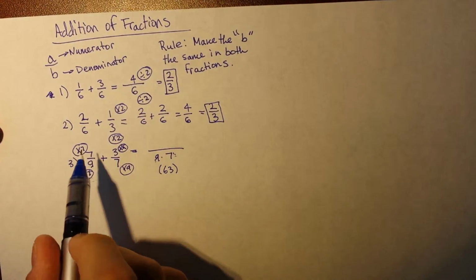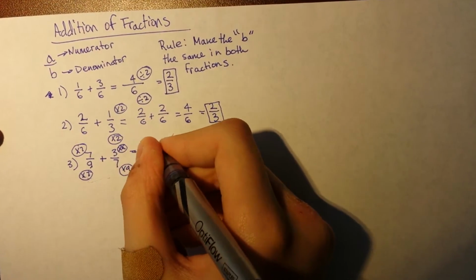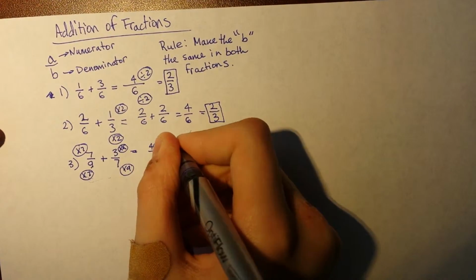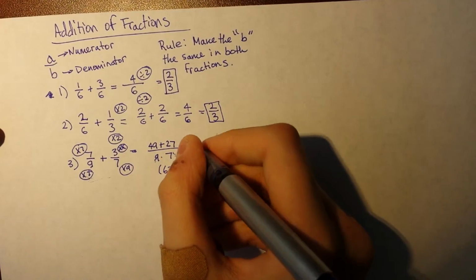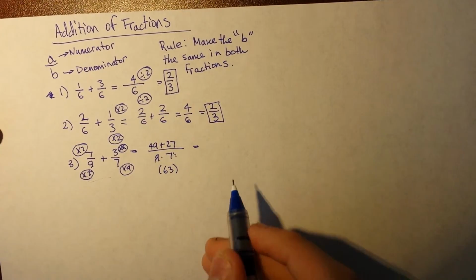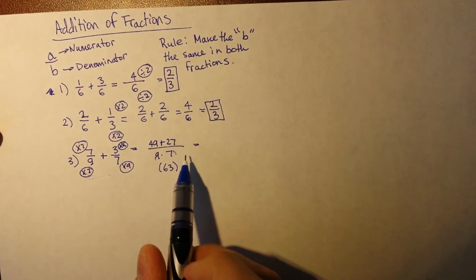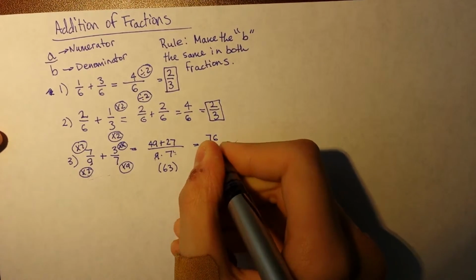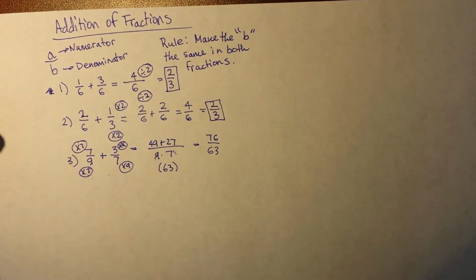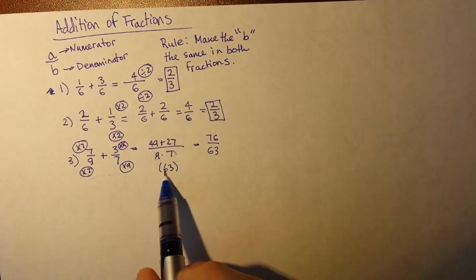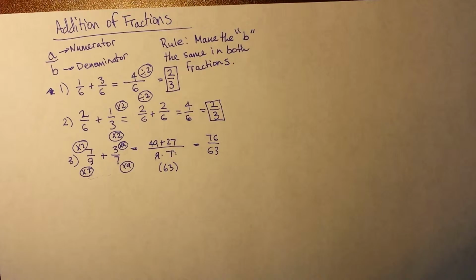So we get 7 times 7, 49, plus 27 over 9 times 7 is, let us do some mental math, 56, 76 over 63. So now I wrote this down as a whole number and I added this as well.